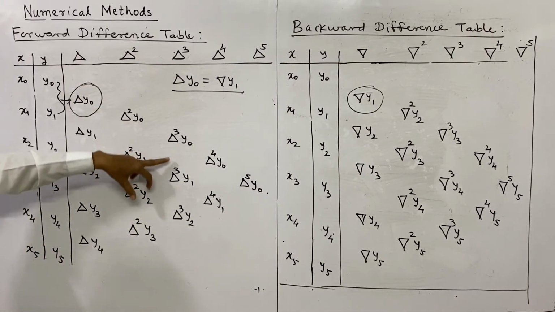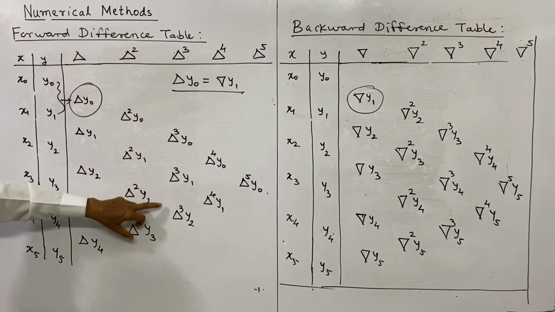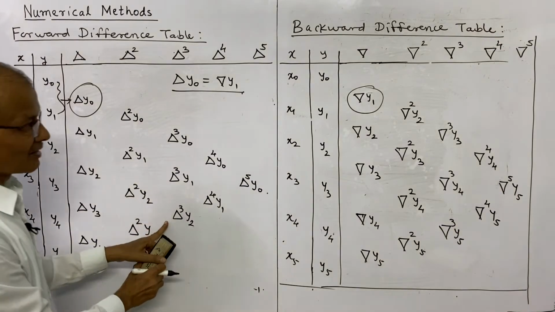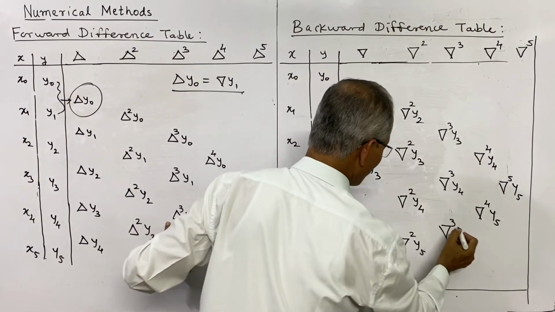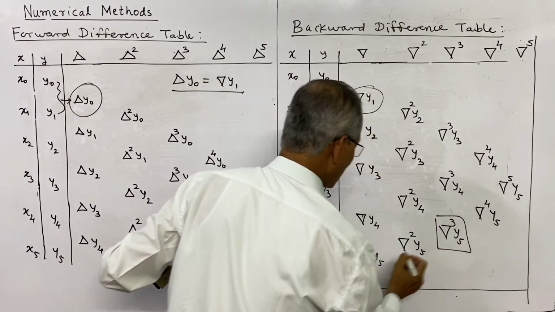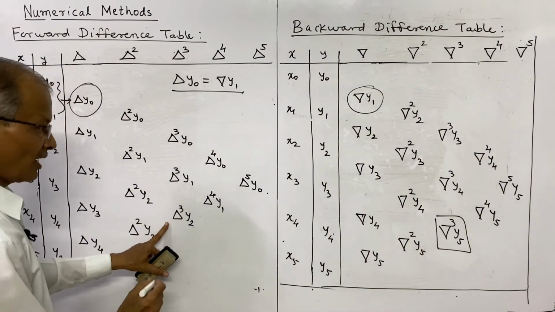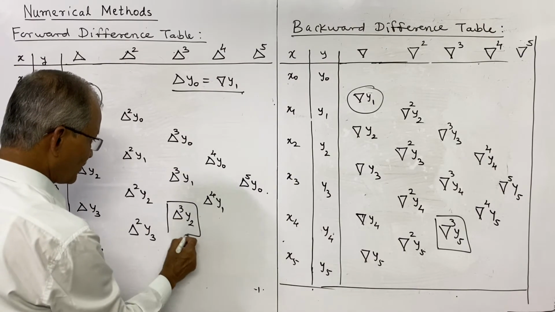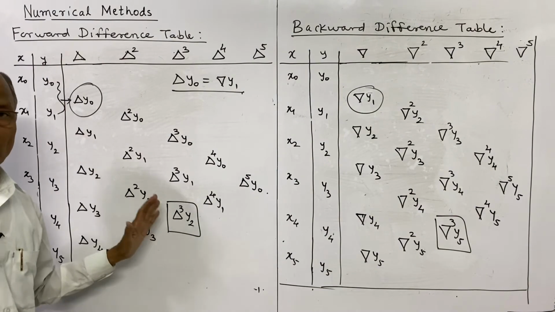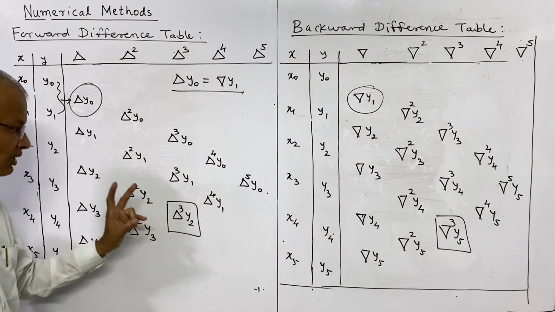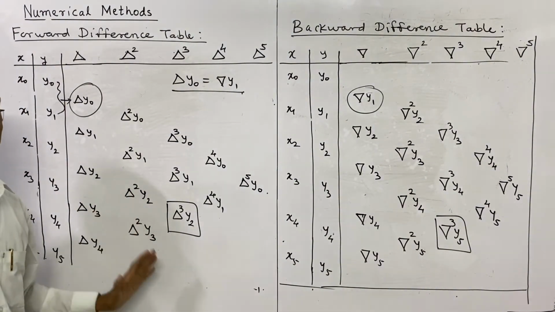Further, in cubic form, you see delta cube y2, this value is the third difference, and is this value. So this value is the same. Delta cube y5 and delta cube y2 are in the same position. So the same number occurs at the same position, only there is a change in the notation.